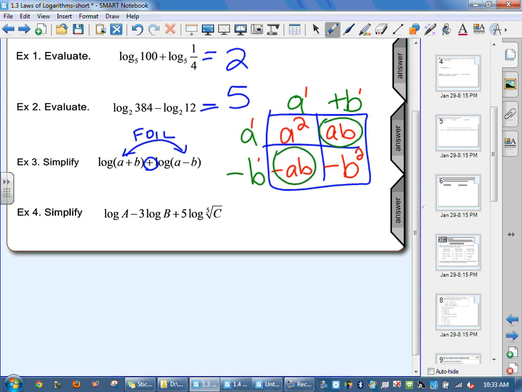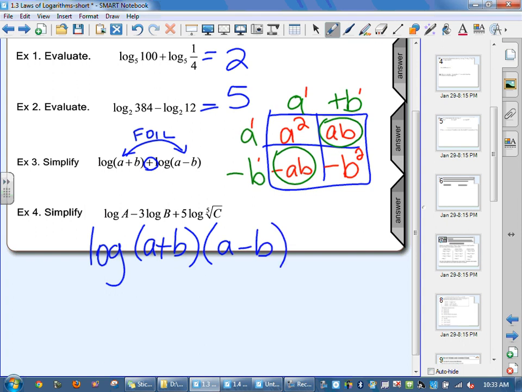Okay? So what we're going to redo now is write this to simplify. So let's rewrite the equation. So I've got my log of a plus b, and the plus sign means I'm combining it. A minus b, when they sit side by side as brackets, it means multiply. Okay? So they're multiplying right now.